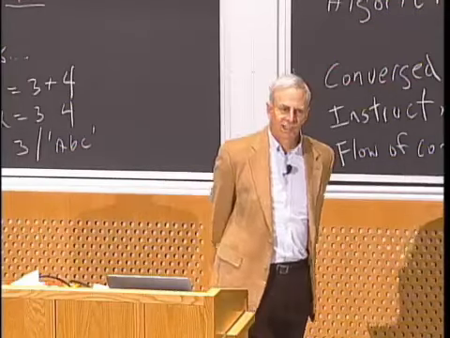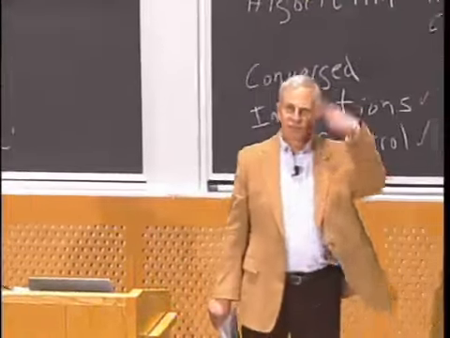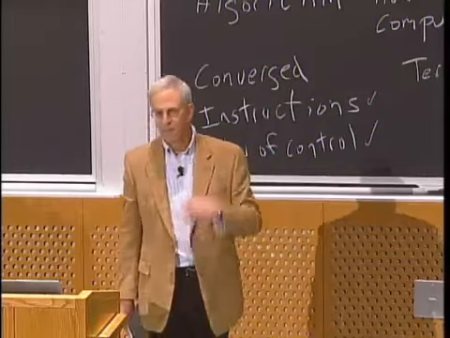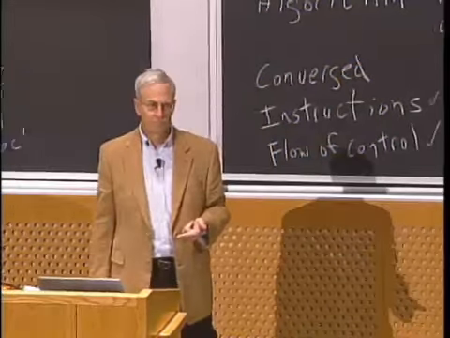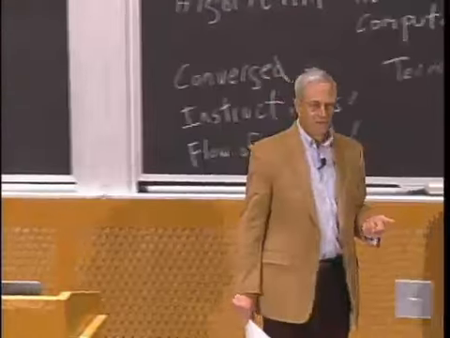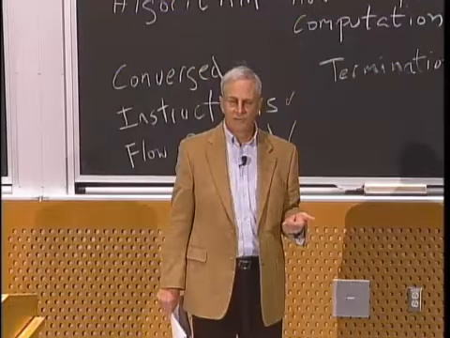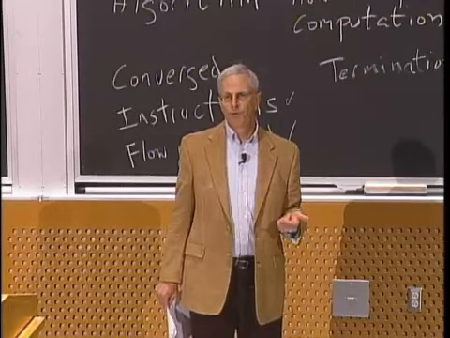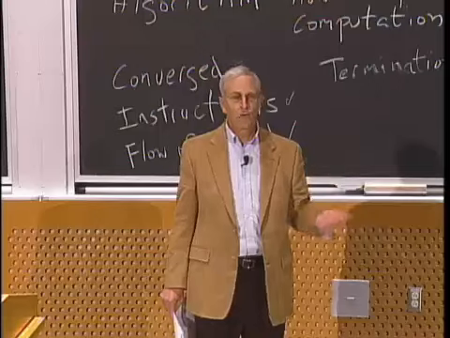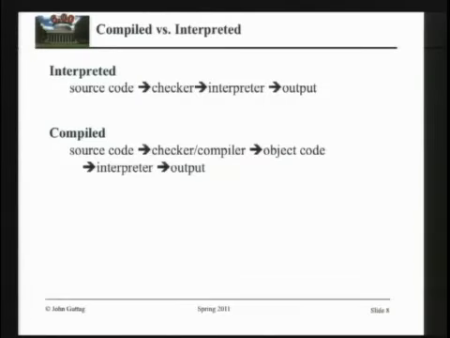You do some checking, and then it executes the instructions, including the flow of control instructions, and produces some output. The nice thing is if something untoward happens, the interpreter can describe in the language of the source code what went wrong. The source code is the code that you wrote.